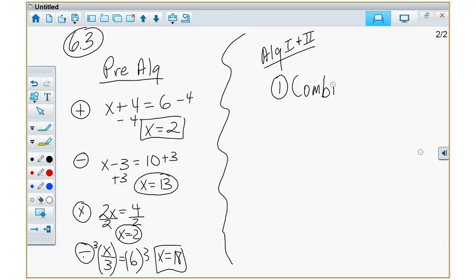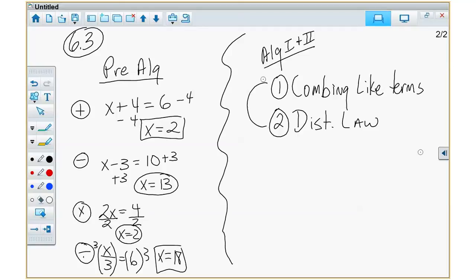Combining what? Combining like terms. They started adding that. Then they started adding what? Distributive law. And then when you add distributive law, what do you go back to? You go back to combining like terms after you distribute. And then they started adding more steps.